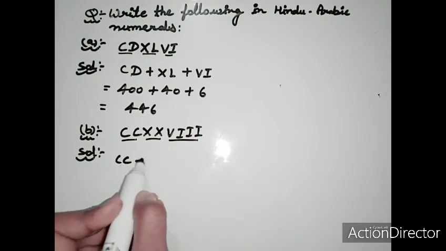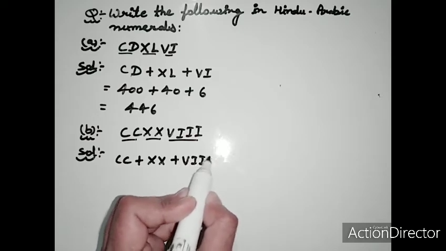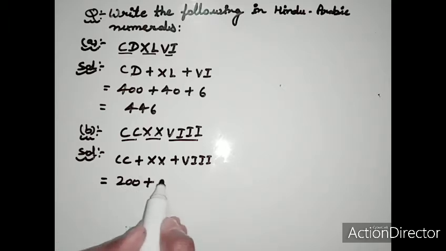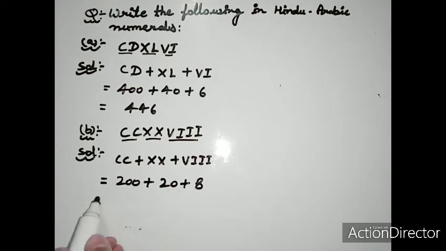Now we write CC plus XX plus VIII here. Now we write the value of each symbol. So CC means 200, XX means 20 and VIII means 8. Now here we write 228 when we add these three numbers. So this is the method to write Roman numerals in Hindu Arabic numerals.